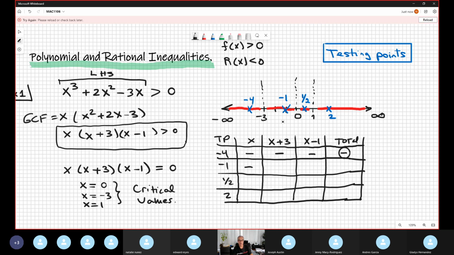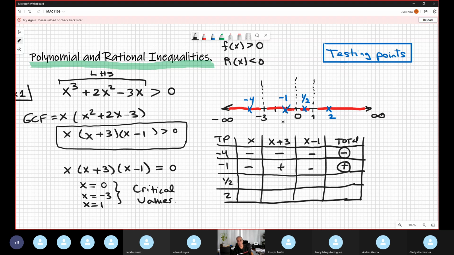-1 here is negative. -1 plus 3 here is positive. And -1 minus 1 here is negative. We have 2 negatives, so the answer is positive. Because when you have an even number of negatives, you know very well that negative times negative is positive, and positive times positive is positive. So you count how many negatives we have in the first row: 1, 2, 3 negatives. How many negatives in the second row? 2.